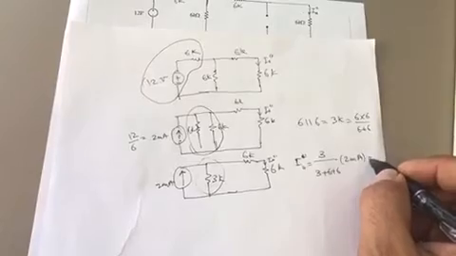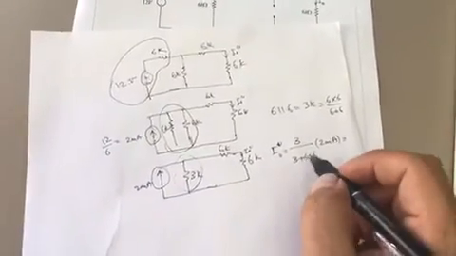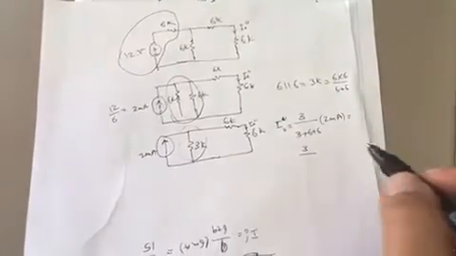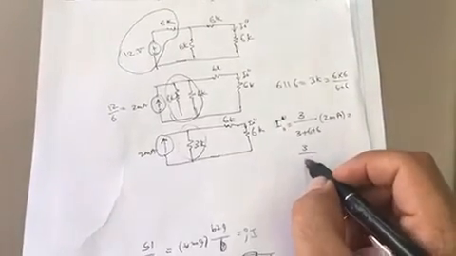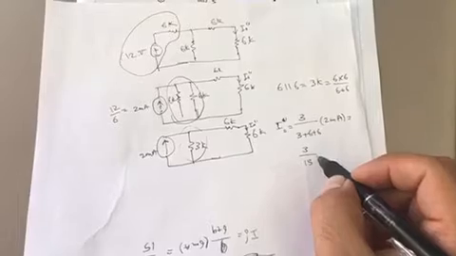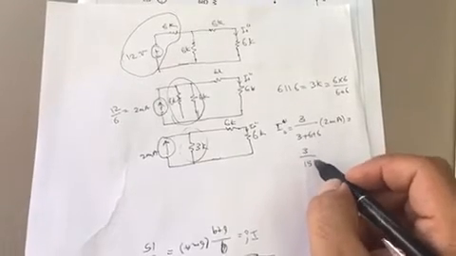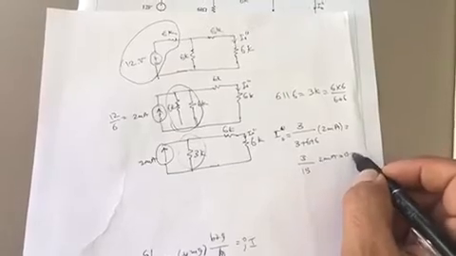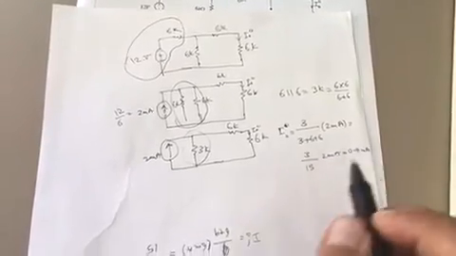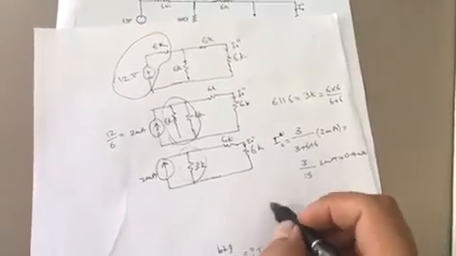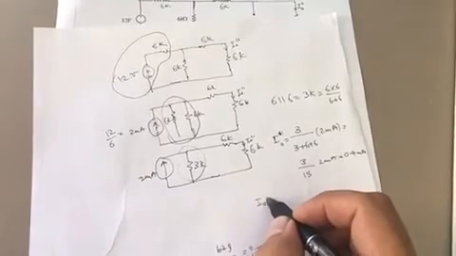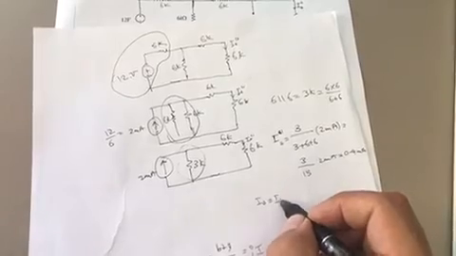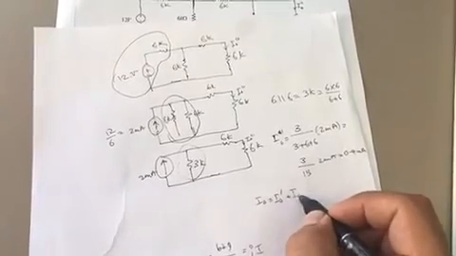So the answer is going to be 3 over 3 plus 6 plus 6, which is 15, so 3 over 15 times 2 milliampere. This is going to be 0.4 milliampere. So the I0 is going to be I0 prime plus I0 double prime.